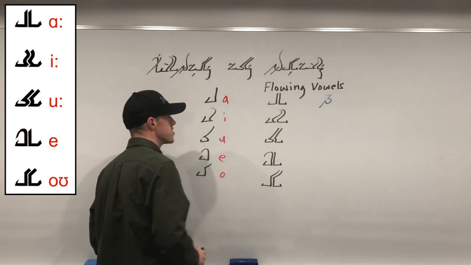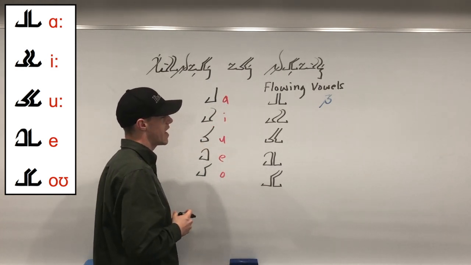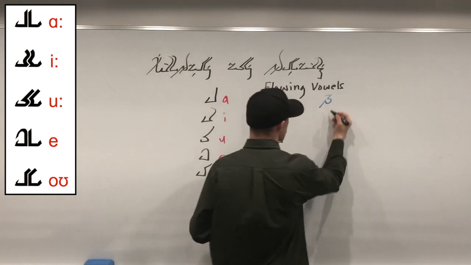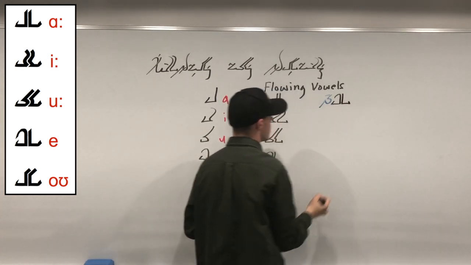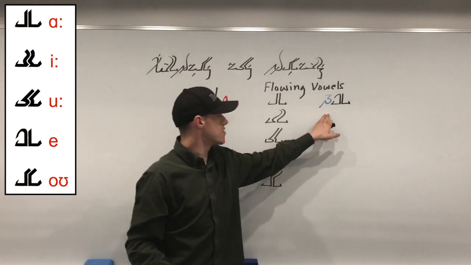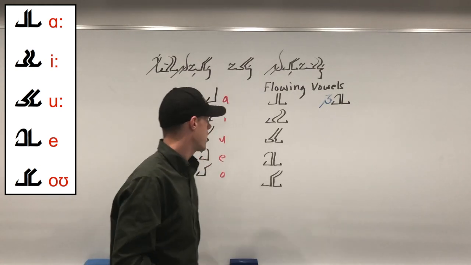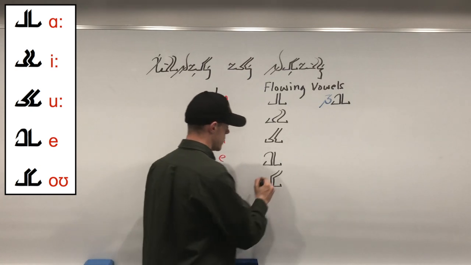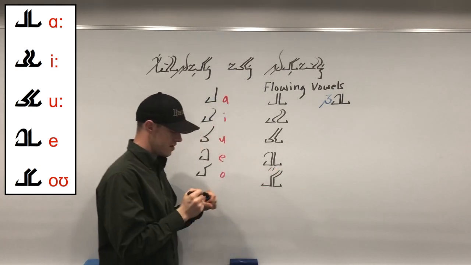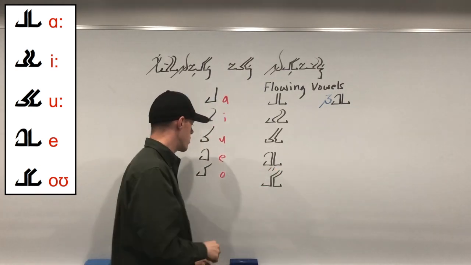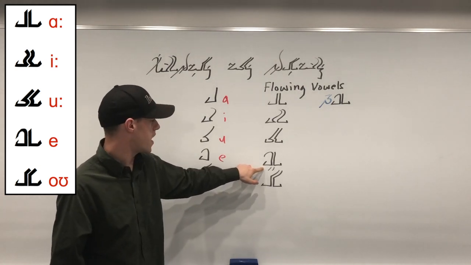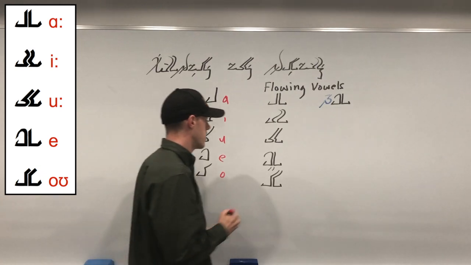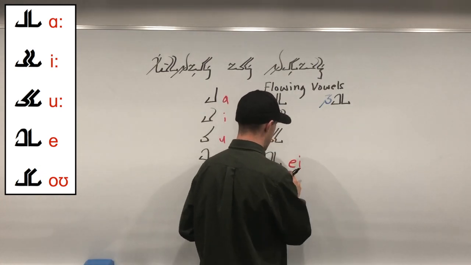We've learned that Nortish has diacritical marks. Well, to write baby in Nortish, we need a diacritical mark. For the first syllable, we'll have a flowing vowel, and the diacritical mark we're going to learn is the A sound. So normally this has the E sound. When I put 2 lines at the bottom of this particular vowel, it gives it an A sound.